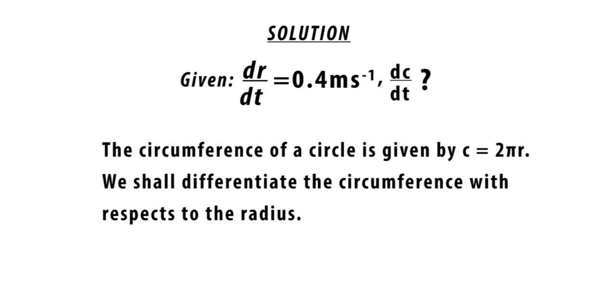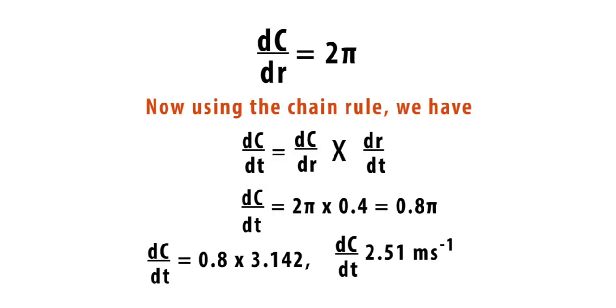The circumference of a circle is given by 2 pi r. C is equal to 2 pi r, where C is the circumference. So we shall differentiate the circumference with respect to the radius. And that will give us dC/dr is equal to 2 pi.